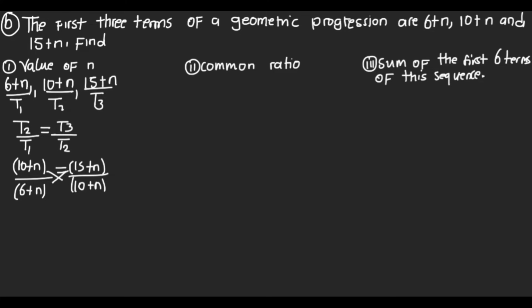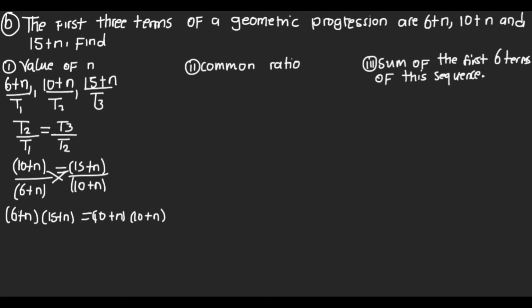Then we are going to cross multiply. So 6 plus n will multiply with 15 plus n. Then 10 plus n will multiply with 10 plus n.